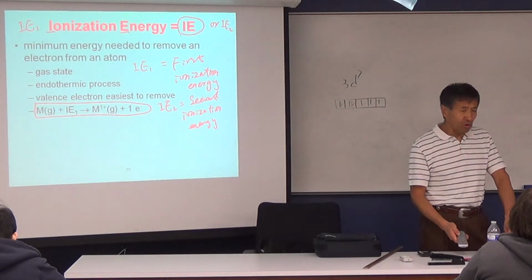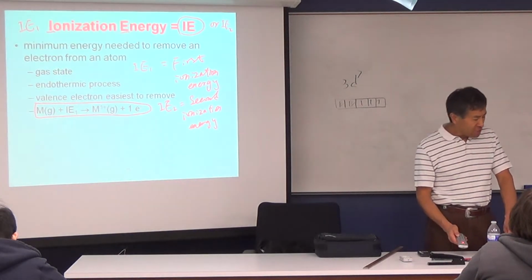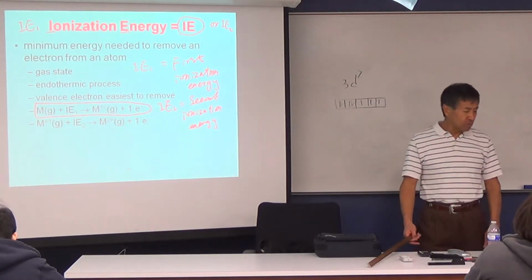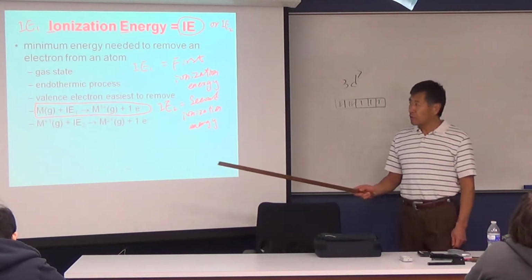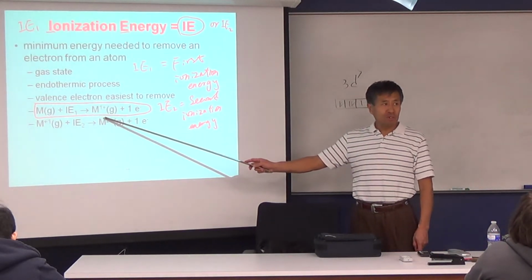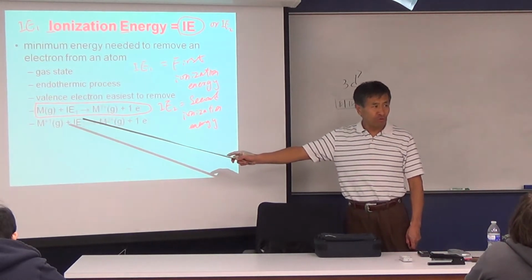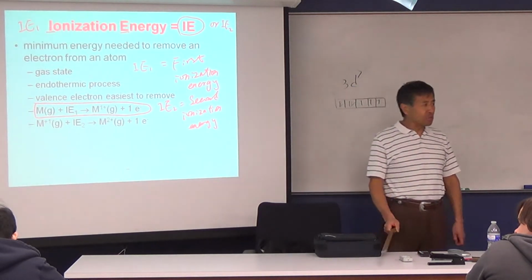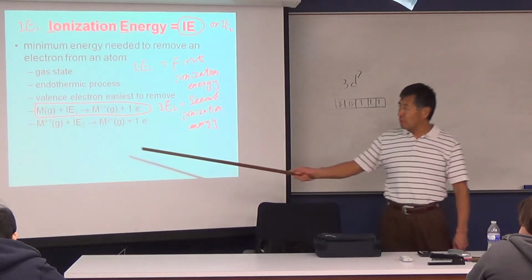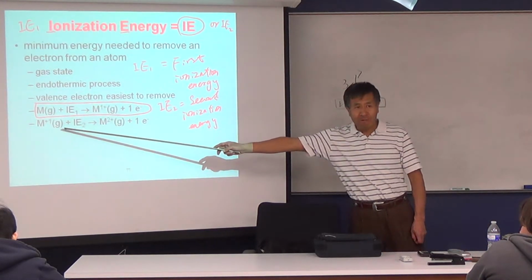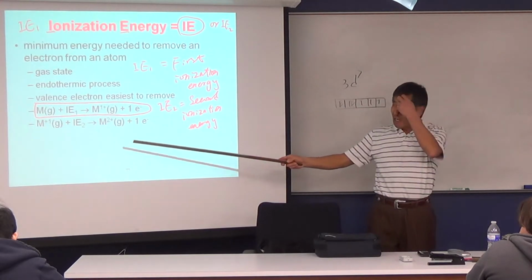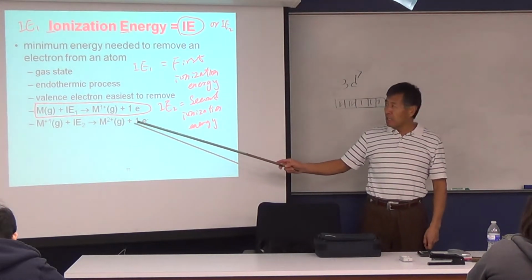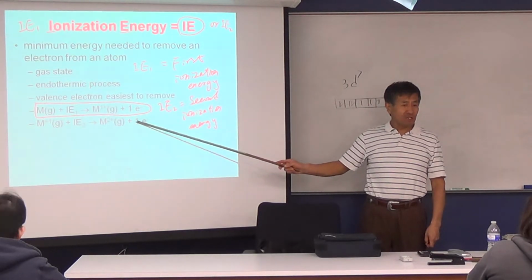So you will take the product from the IE1 as the reactant for the IE2. Right? So you will take that Mg1 plus, which is the product of the first process, and adding more energy, you will take another electron away from that 1 plus. If you take 1 electron away from the 1 plus, you get 2 plus. And at the same time, you produce another electron.